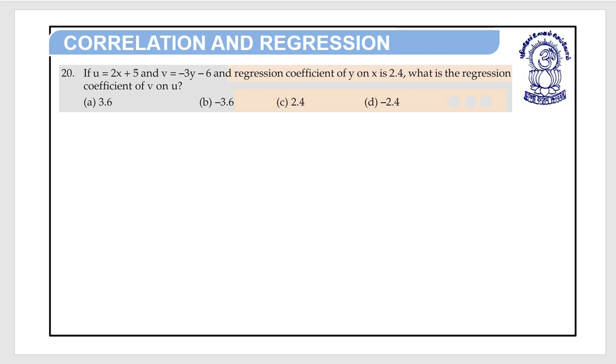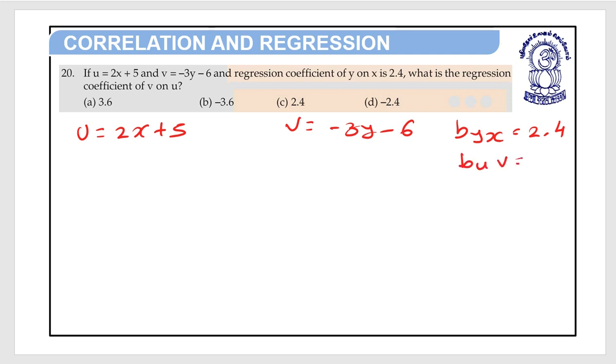Now question number 20. U is equal to 2x plus 5, V is equal to minus 3y minus 6. y on x, byx is equal to 2.4. What is the regression coefficient buv equal to? So U is equal to 2 common, x plus 5 by 2.